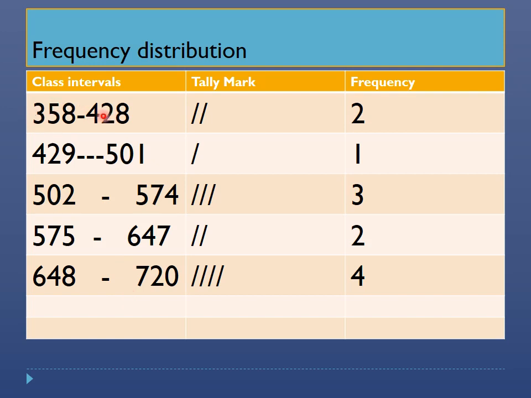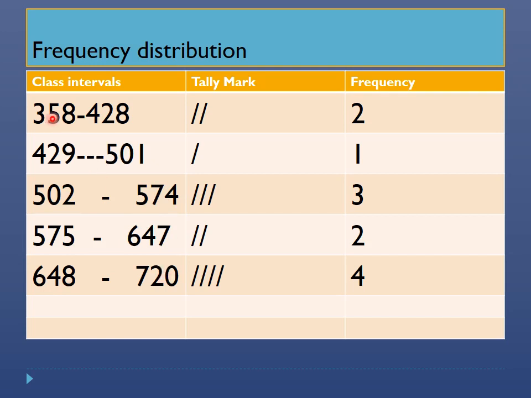In this first class interval, 358 is our lower limit, 428 is the upper limit. In this class interval, 429 is the lower limit, 501 is the upper limit, 502 lower limit, 574 upper limit, 575 lower limit, 647 upper limit, 648 lower limit, 720 upper limit.